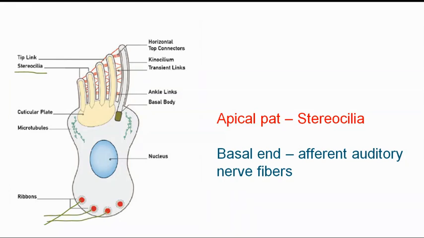All these nerve fibers are joined together and connected with the auditory nerve. At the basal end, you find the auditory nerve fibers, and on the apical part of this hair cell, you can notice the presence of stereocilia.